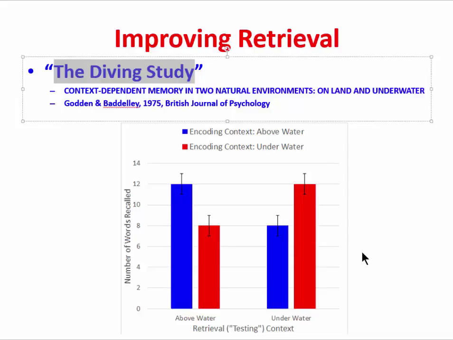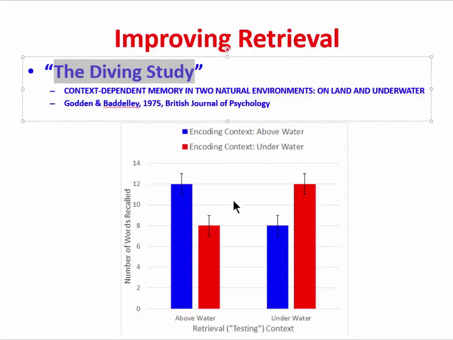What's important in this graph, too, is to notice that we do have an interaction effect. That is, the effect of one variable, the encoding context, depends very much on the level of the other variable. Our other variable is the retrieval context, and it has 2 levels: above water and underwater. Similarly, above water and underwater were the 2 different levels of our encoding context variable.